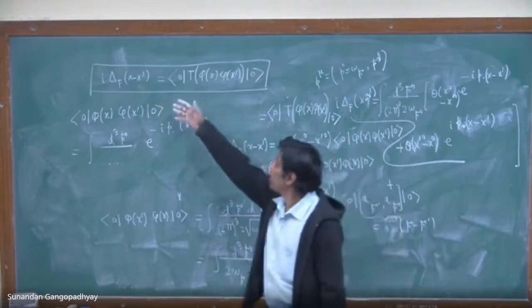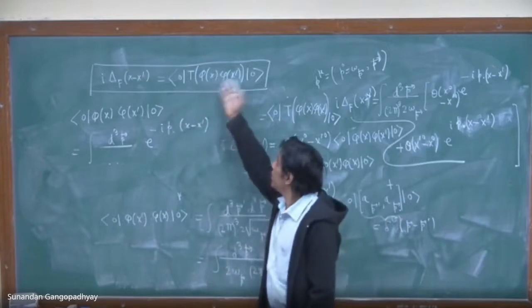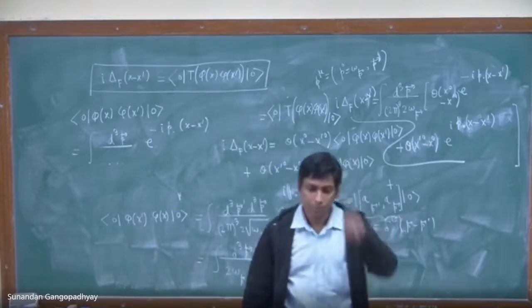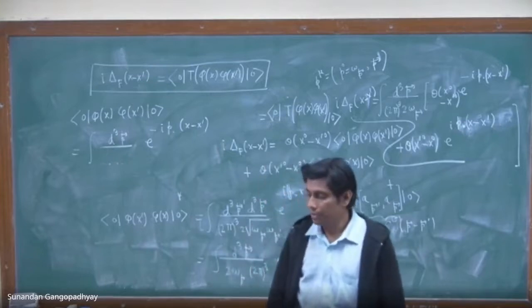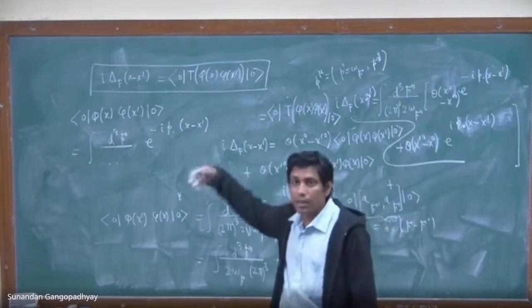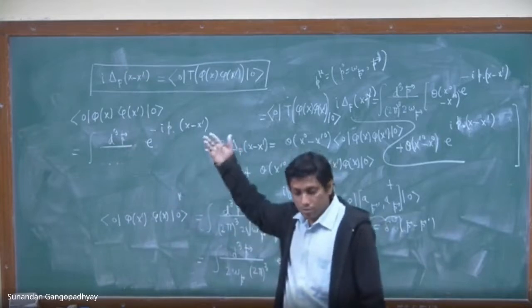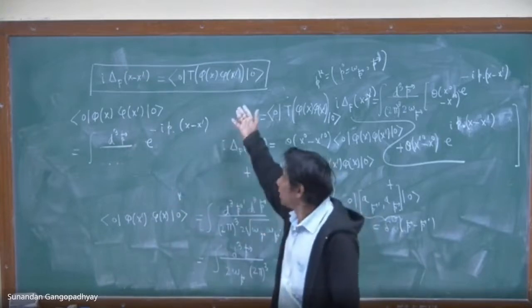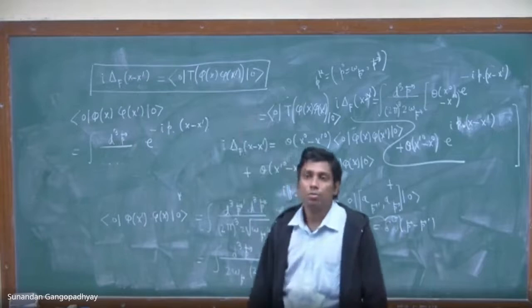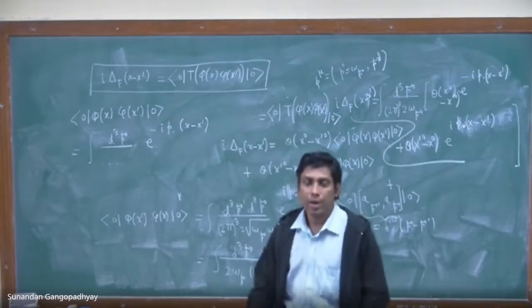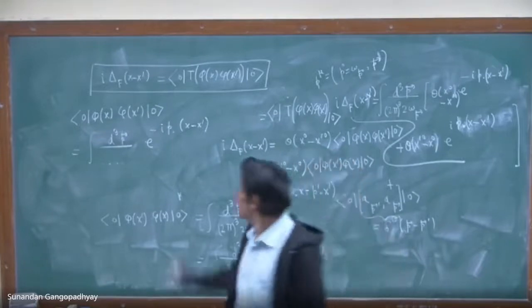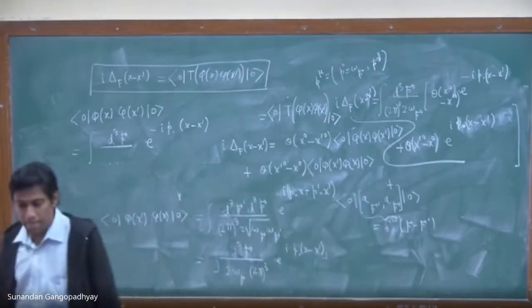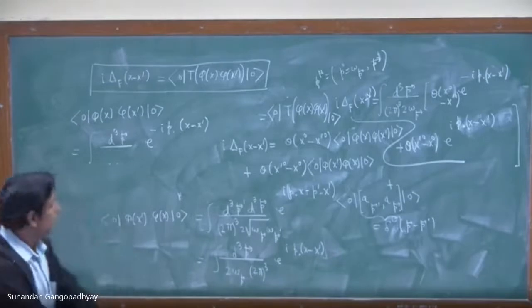So we shall stop here for today. If you have any question at this point, see here what I've done is I've shown you that this thing is actually equal to this thing in an indirect way. But you could have started from here right away. You could have written down this expression and calculated it independently, and you would have got this result.